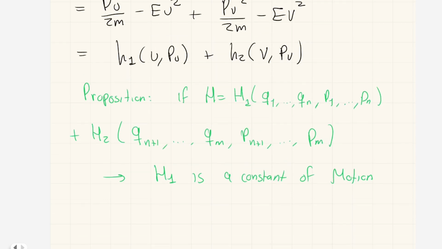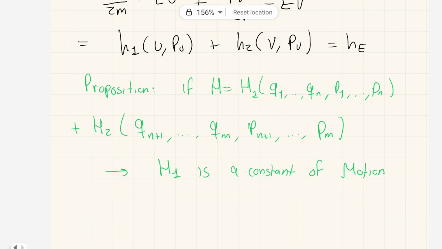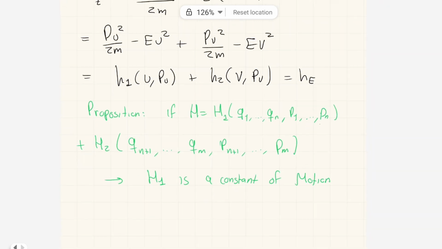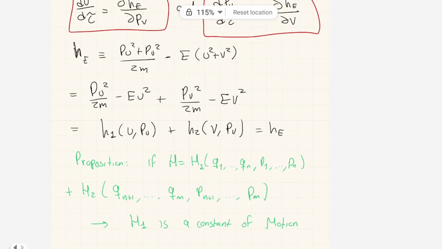And as you can see, the Hamiltonian that we have here is actually of this form, because we only have here the u and the p_u that will be equivalent to having the q1 and the p1, but we do not have any q2, q3. So that means that this h1 has this structure, and this h2 also has this structure. Perfect. So if we remember, we said that H_E is equal to the energy, which is equal to 2k.